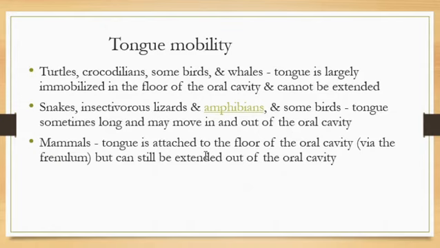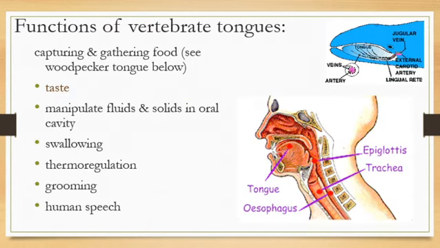It is highly muscularized because it performs specific tasks. So the functions of vertebrate tongues: capturing, taste, manipulating fluids and solids in the oral cavity, swallowing, thermoregulation, grooming, and speech for humans. Grooming, like in cats and dogs, they use their tongue for grooming.